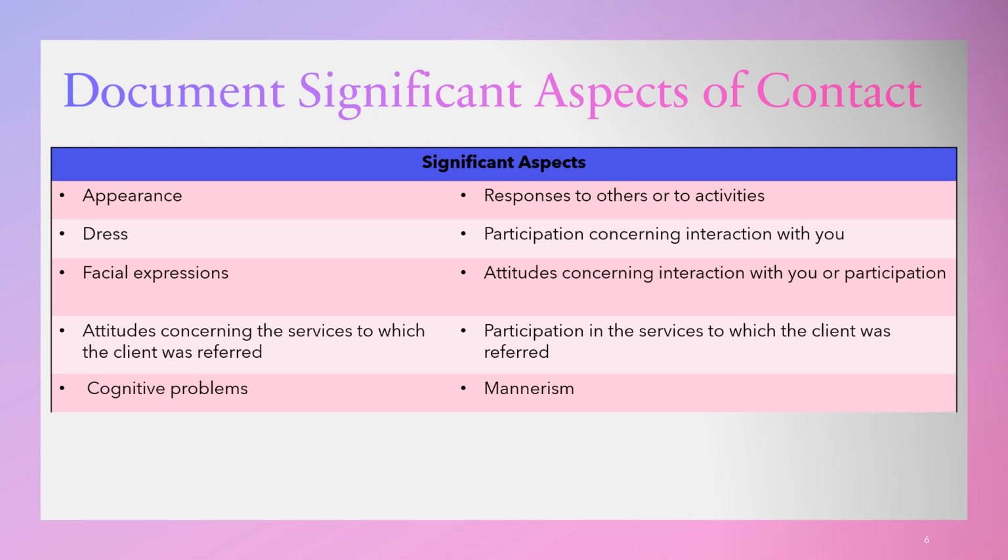Some significant aspects are appearance, dress, facial expressions, attitudes concerning the services to which the client was referred, cognitive problems, responses to others or to activities, participation and attitudes concerning interactions with their case manager, participation in the services to which the client was referred, as well as mannerisms.